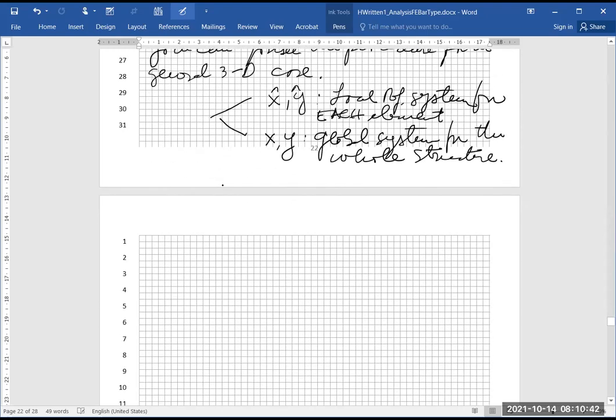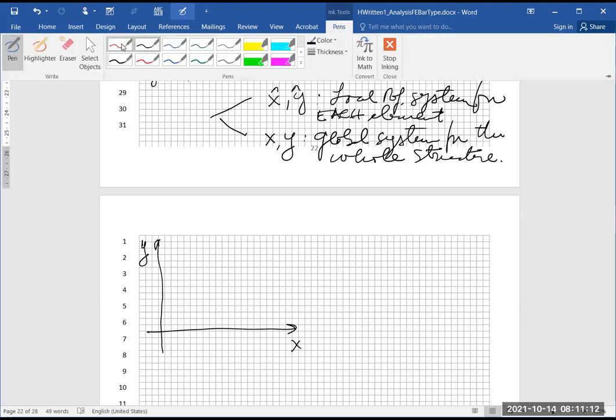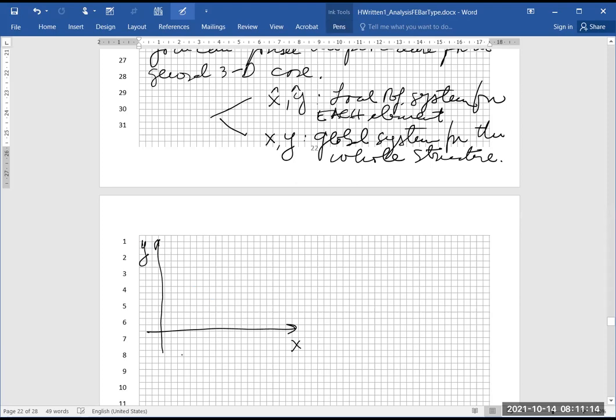So what we have to do is to express the components of a vector in one reference system as a function of the other. Okay, so let's see. Let's use black and white for the global. So this is the global, the no hat. And now let's consider a second reference system. Let's change color and use blue. Here, this is the local reference system.